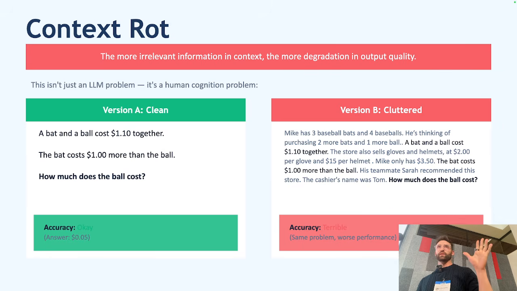But on the left, we have version A, where there's no irrelevant information added. There's only the information that is required to solve this problem. On the right, it's the same problem, but there's a lot of random numbers and information where you have to figure out, okay, is this related? Obviously, the stuff that is relevant is just bolded.